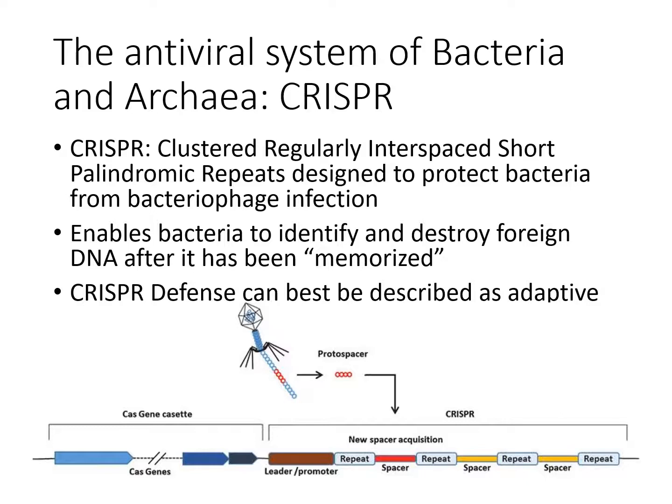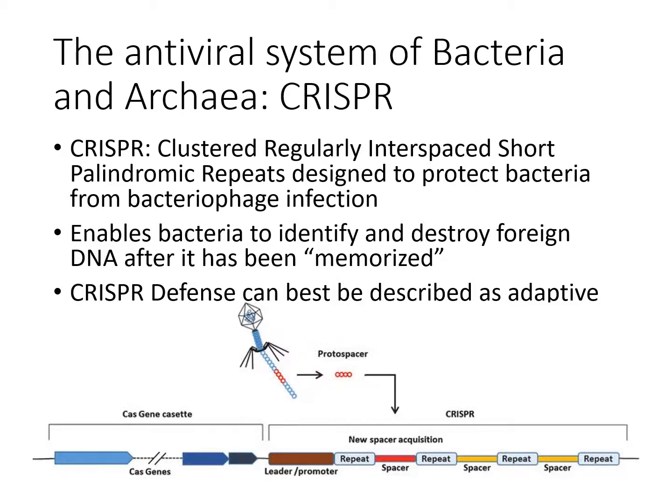And the bacterial response to that foreign DNA coming inside the cell is to cleave some of it. And at this point, we're going to call the segment of the bacteriophage DNA that is cleaved the Proto Spacer.